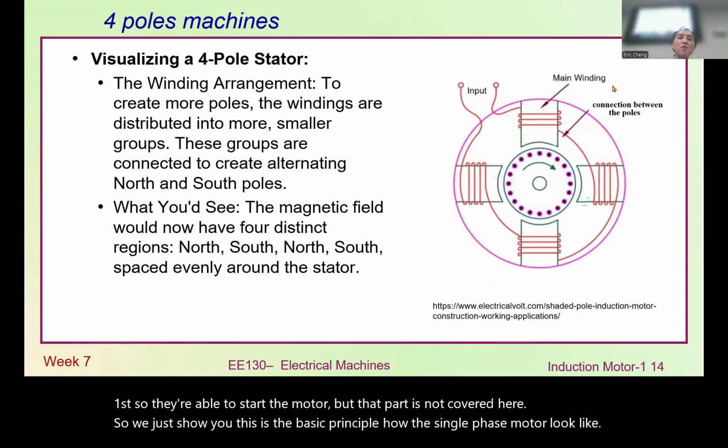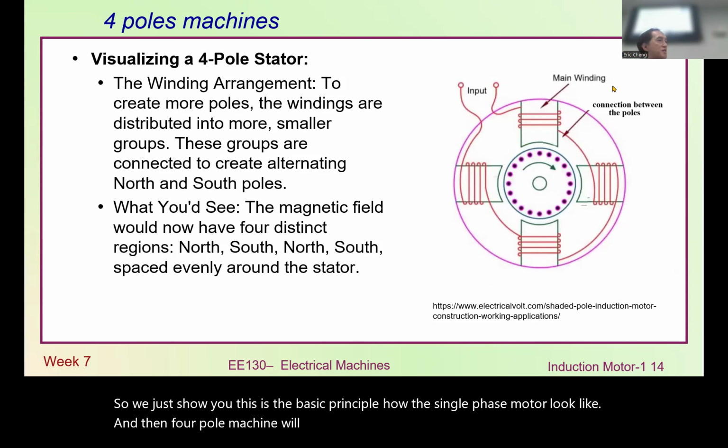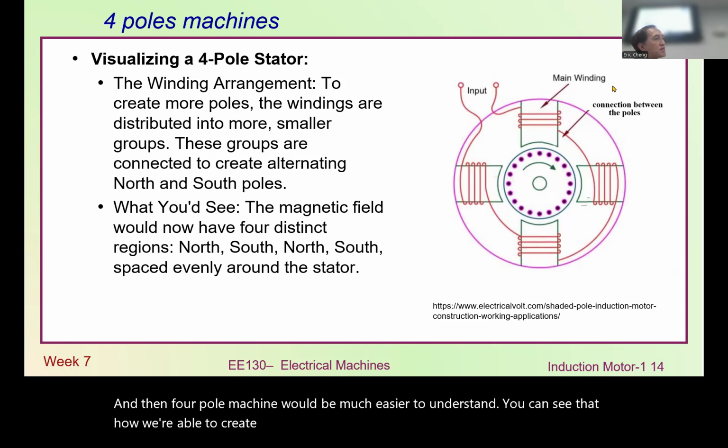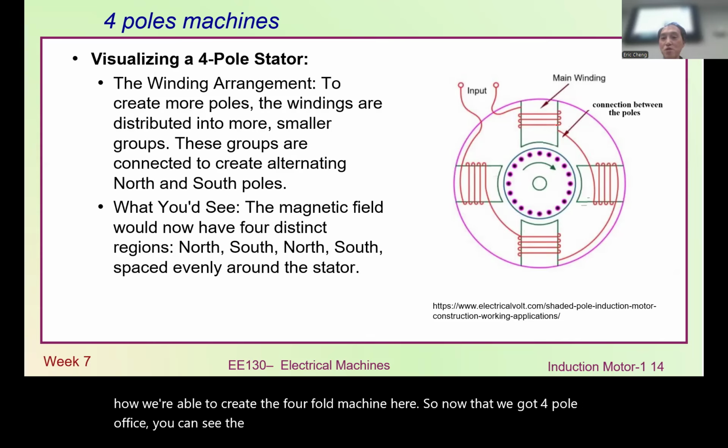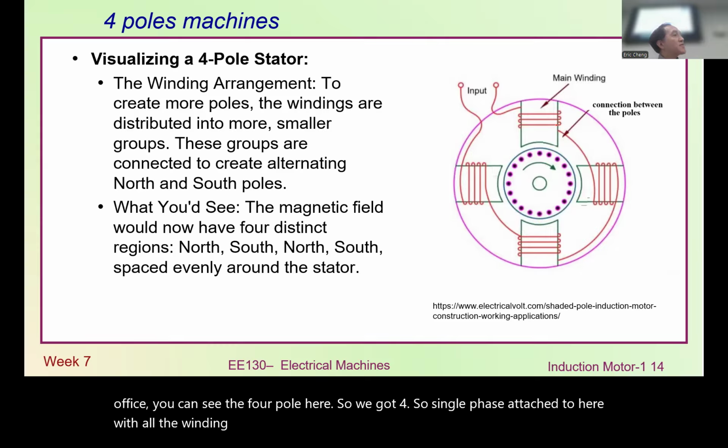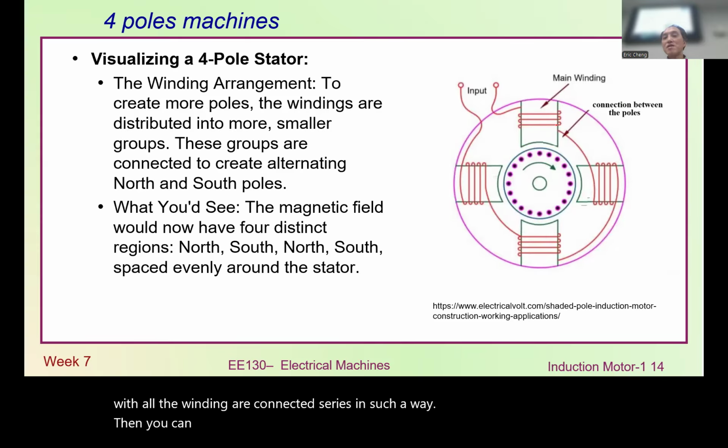And then the four-pole machine will be much easier to understand. You can see how we create a four-pole machine here. Obviously, you can see the four poles. We have a single phase attached here, and all the windings are connected in series in such a way. Using the hand rule, I think it is north, south, north, south.